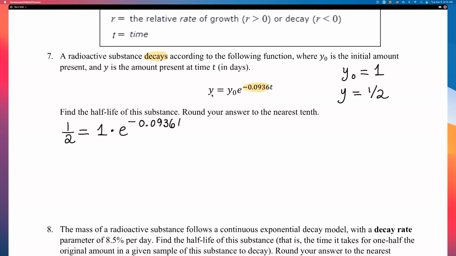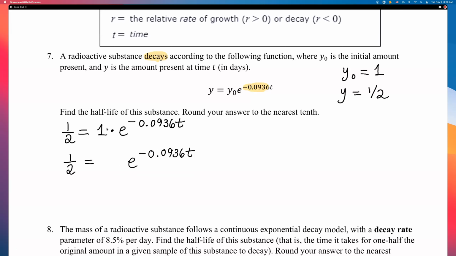0.0936t. If I divide both sides by 1, and we don't really need to, we get half equals e to the negative 0.0936t. Guess what we're going to do now? We're going to take natural log of both sides.